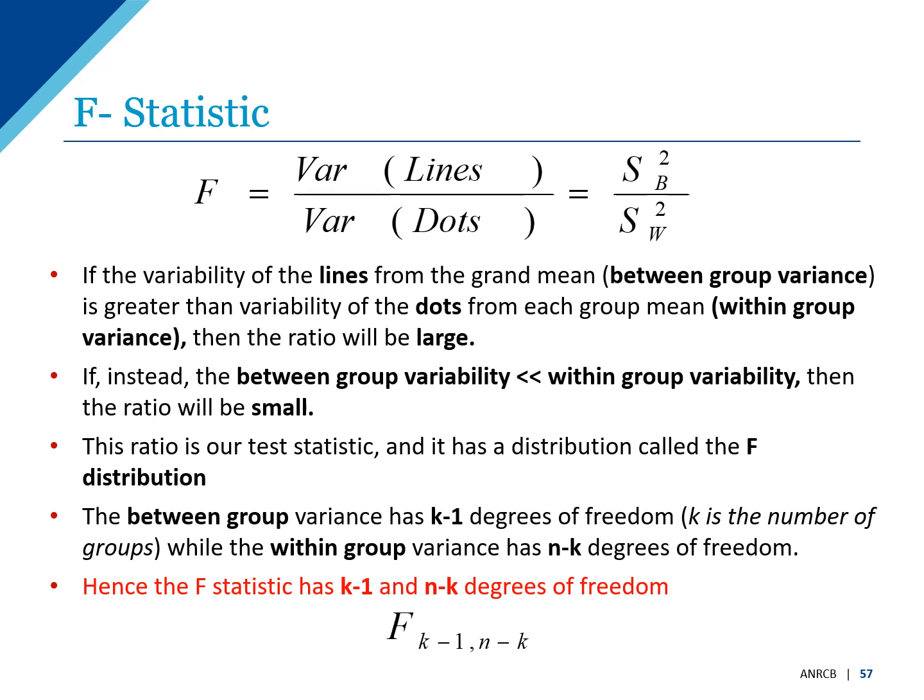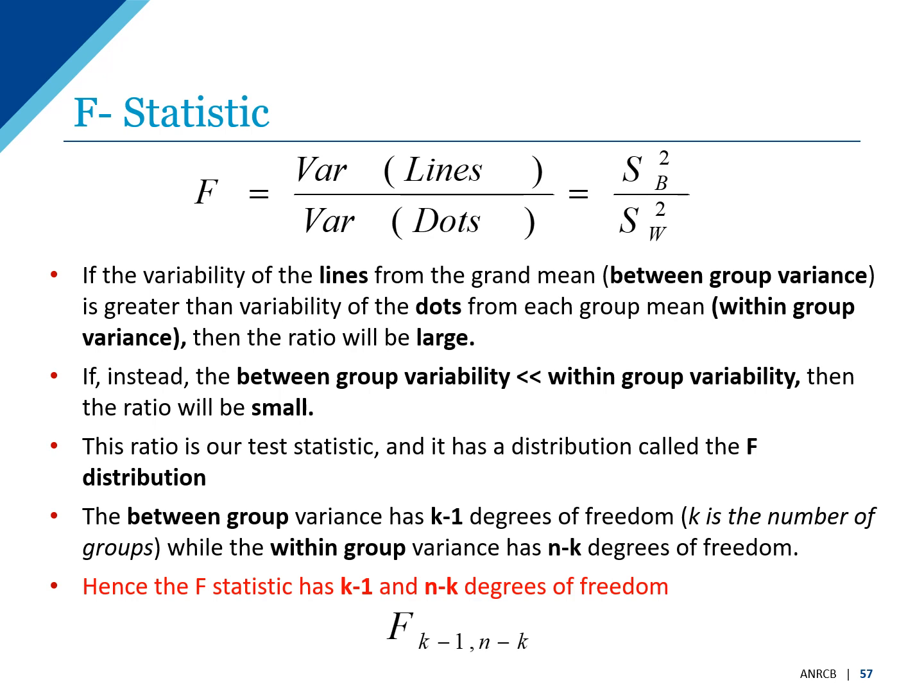If the variability of the lines from the grand mean, or the between group variance, is greater than the variability of the dots from each group mean, or the within group variance, then the ratio will be large. But if the between group variance is smaller than the within group variance, then the ratio will be small.